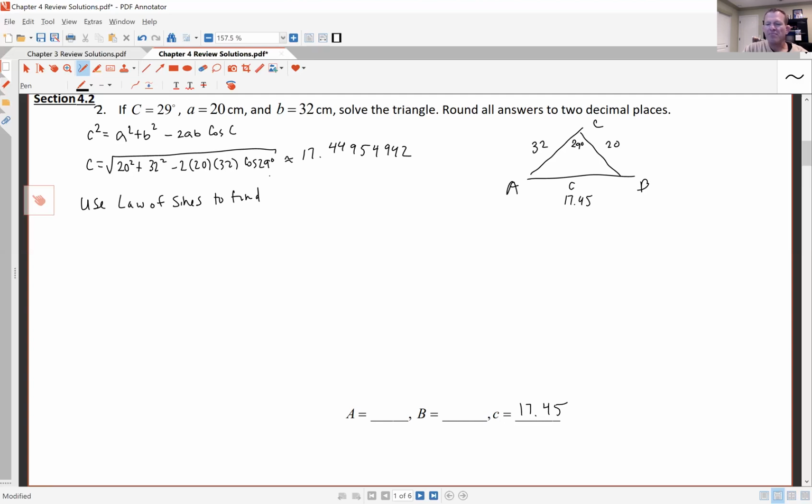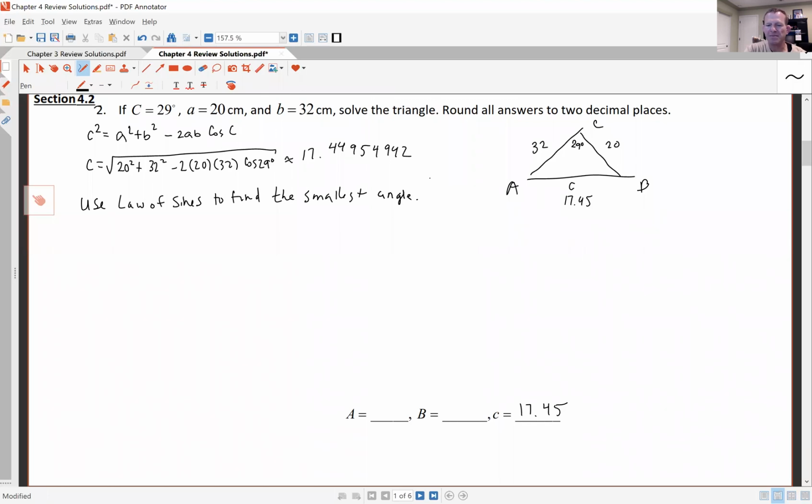However, if B turns out to be obtuse, law of sines will not find it. It gives you the wrong angle when it's obtuse, because inverse sine outputs angles only in quadrant 1 or quadrant 4. So it's always the best bet to use law of sines to find the smallest angle. There have to be 2 acute angles, so find the smallest angle.